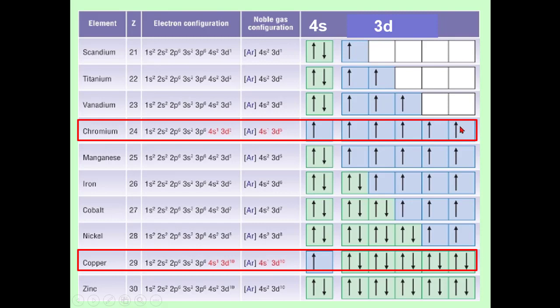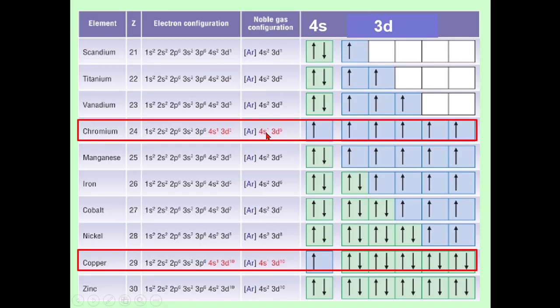But this is not the case, because if you see that all the orbitals are occupied by a single electron, this is called the half-filled electronic configuration, which is more stable in this case.